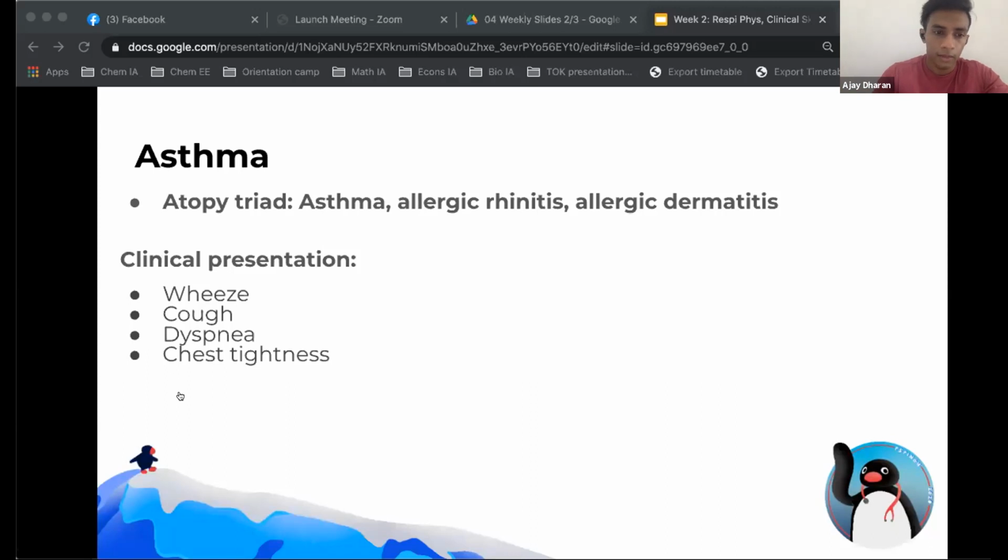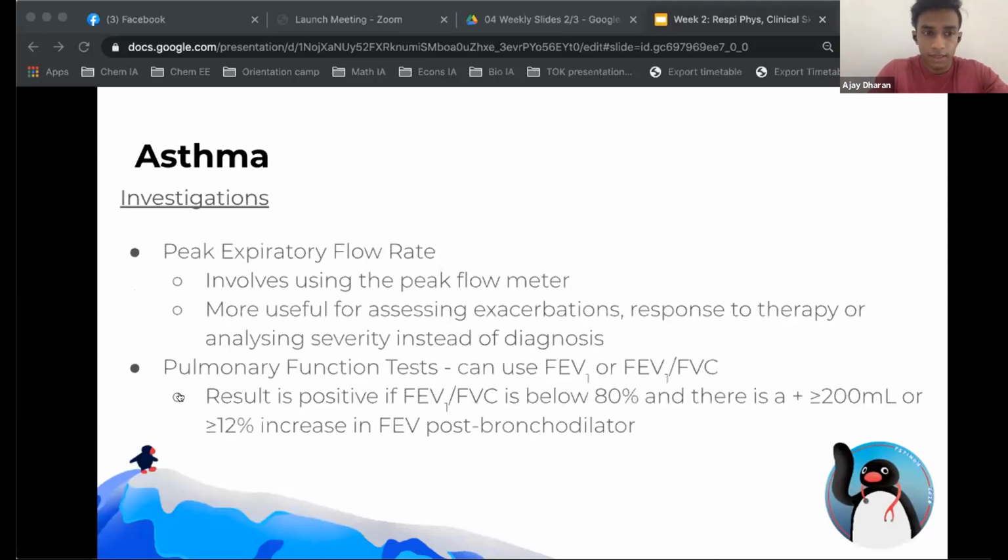Now moving on to investigations for asthma. We usually use expiratory flow, or the pulmonary function test, which you have gone through in physio. Usually you use a peak flow meter, and it's more useful for assessing exacerbation.